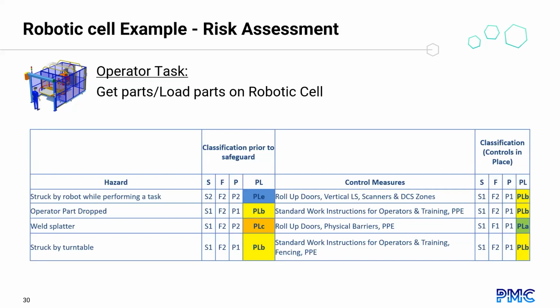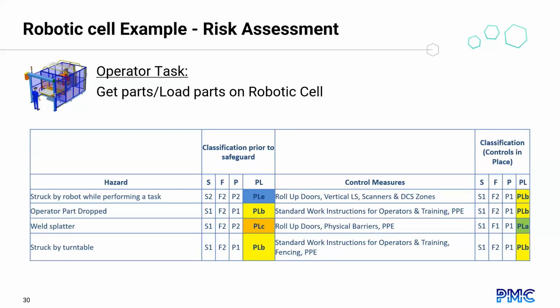And finally, we have listed here the hazard of the operator being hit by the turntable. We can have here the turntable movement. So here we have the severity grade S1. That can be a light injury, a scratch, cut, or some bruise, for example. The frequency is F2.